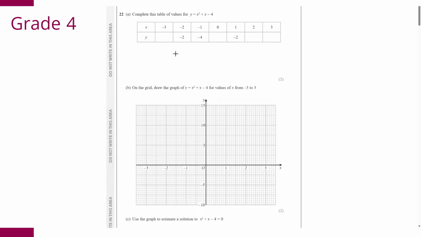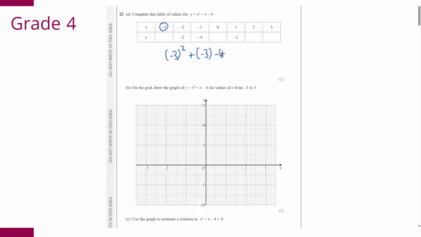With this one, just put it all into the calculator. Okay? So where's my calculator gone? So with this first one, we put in -3, okay? So what I would do for this -3 one here is just do -3 in brackets, always put it in brackets, squared, plus -3. And you might think that's really odd, but just don't worry about it. Just put it into brackets. You don't need to worry about what wins between a plus and a minus.